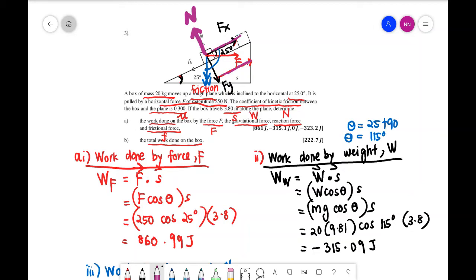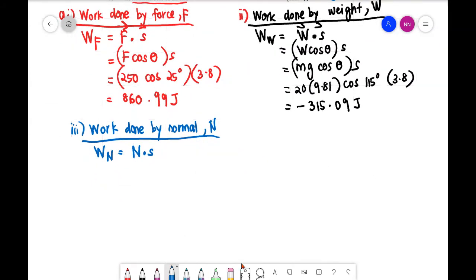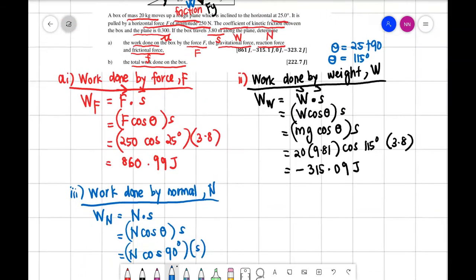So the angle between normal and displacement is 90 degrees. So it becomes normal cos theta times displacement, and theta is 90 degrees. Cos 90 degrees equals 0. So work done by normal is 0 joule.